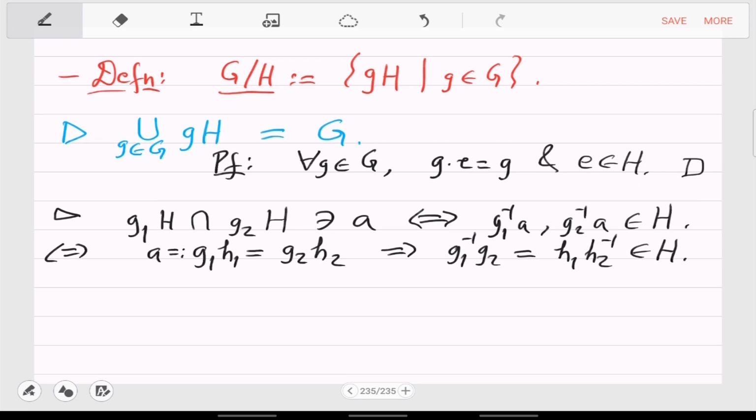Okay. So basically, there is an intersection between these two subsets if G1 inverse G2, which is also the same as saying G2 G1 inverse, both of them are in the subgroup H. Is that clear?